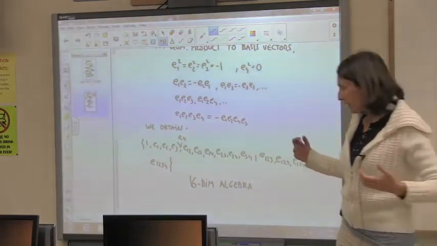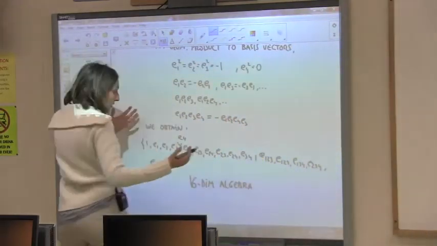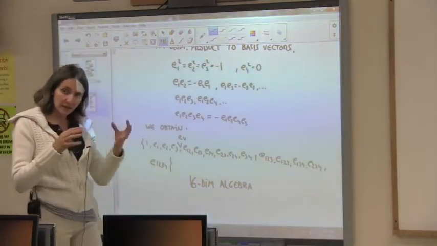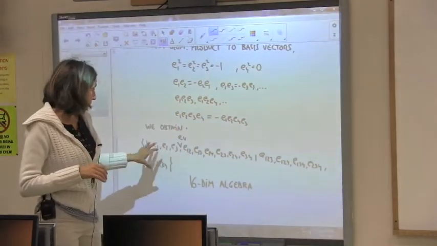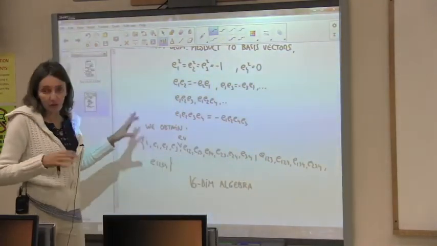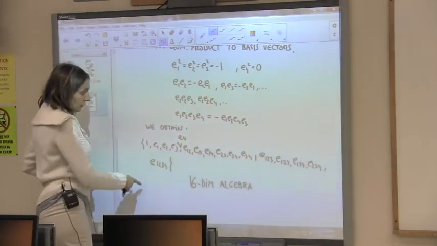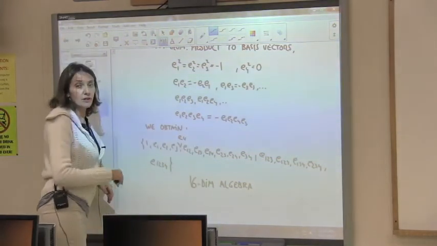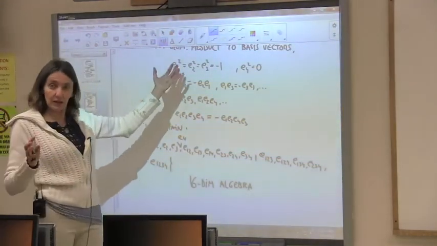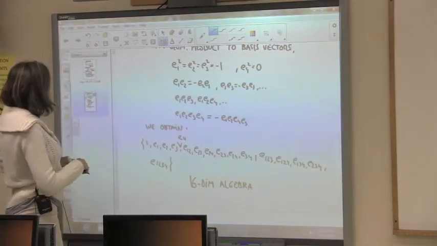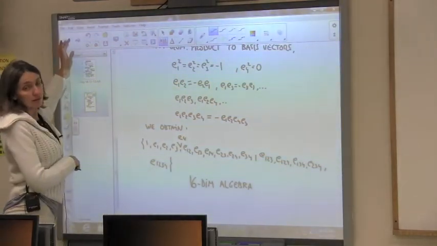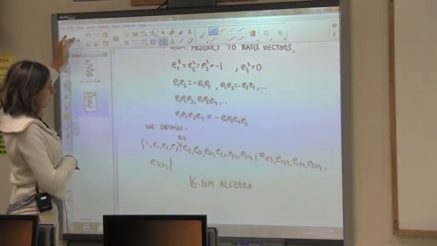Of course, you could write a general element of this algebra, which would be a mix of multi-vectors or elements of different grades, and you could write it as a linear combination of all these. But we are not going to use this algebra, it's too big. We are going to use half of it. We will use the even subalgebra.